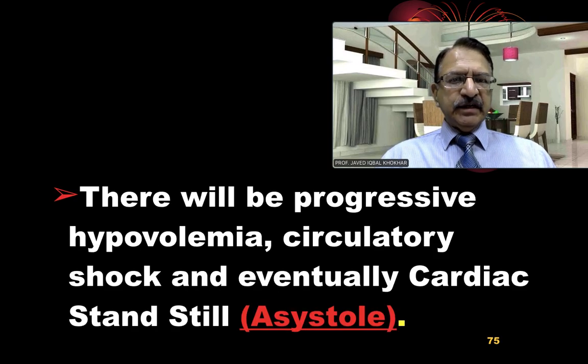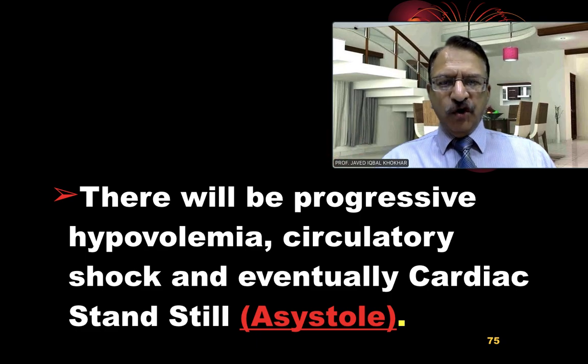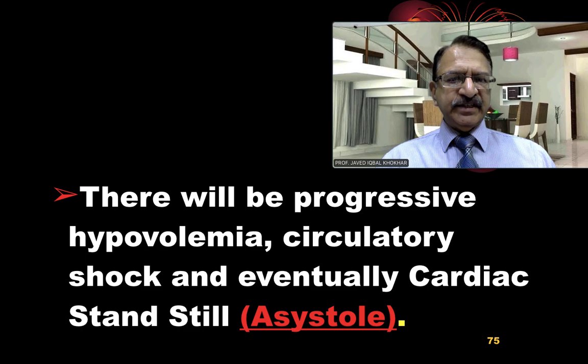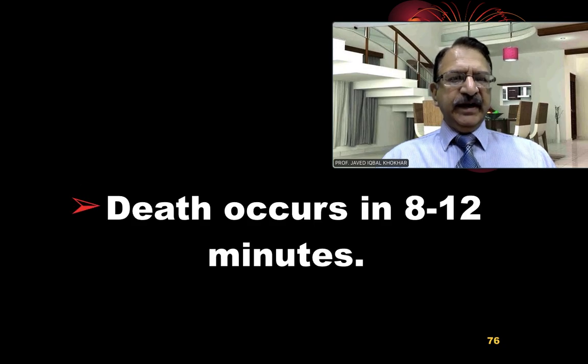And there will be progressive hypovolemia, reduction in the volume of blood, there will be circulatory shock, and eventually there will be cardiac standstill, asystole. The heart will stop beating, asystole, and death occurs in 8 to 12 minutes.